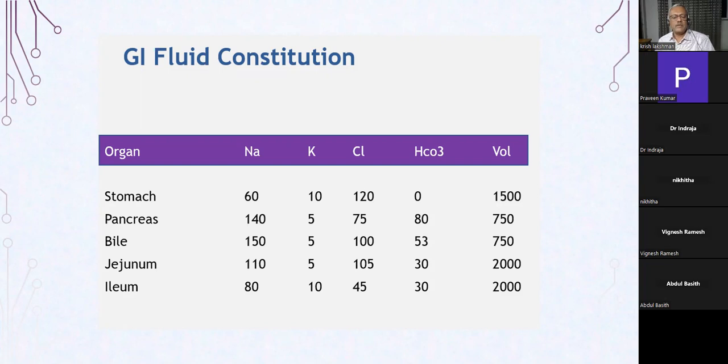So each day, apart from the 2.5 liters that we mentioned, everybody, even if they don't lose anything, needs 2.5 liters of water, in which they must have about 90 to 100 milliequivalents of sodium and about 60 milliequivalents of potassium.